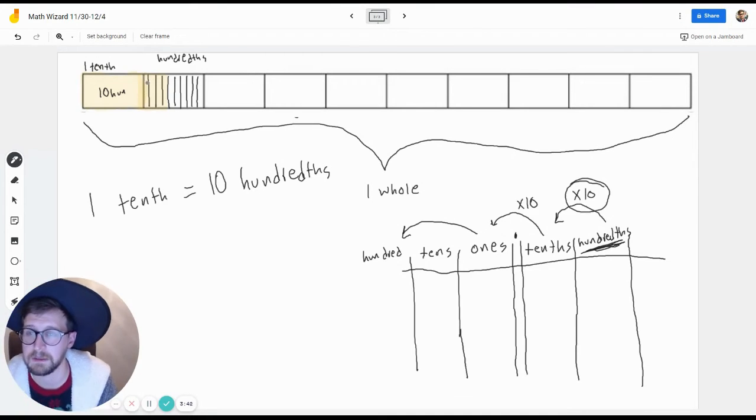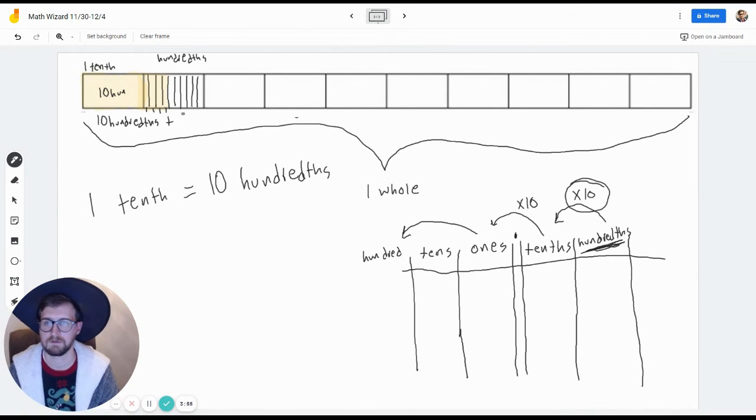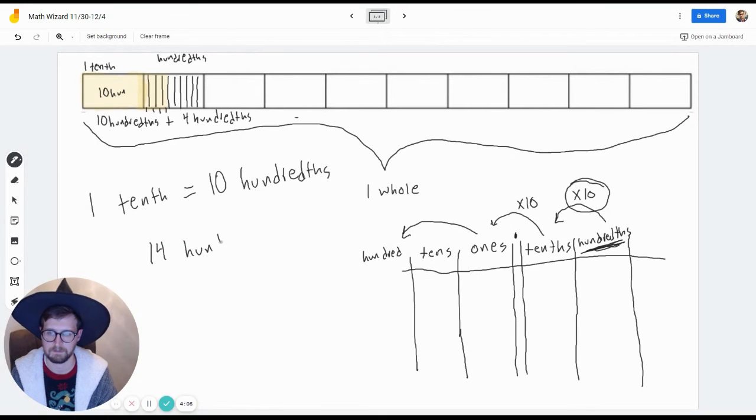Here, if I look really closely, I've got 1, 2, 3, 4. Here I have 10 hundredths plus 4 hundredths. So how many do I have in all? I've got 14 hundredths.